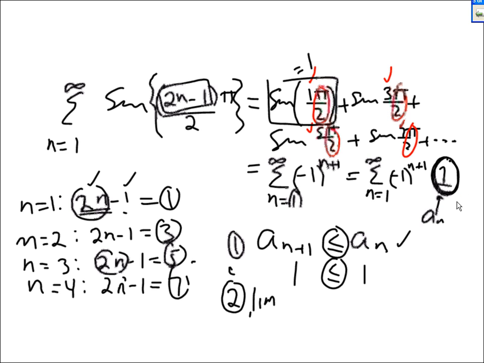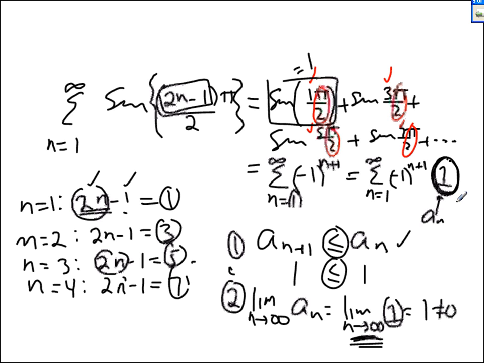The limit, as n gets bigger and bigger, of a sub n is 1. As n gets bigger and bigger, good old 1 stays 1. It's not 0. Therefore, it diverges. It failed the test.